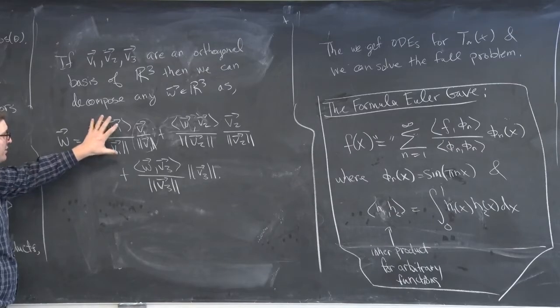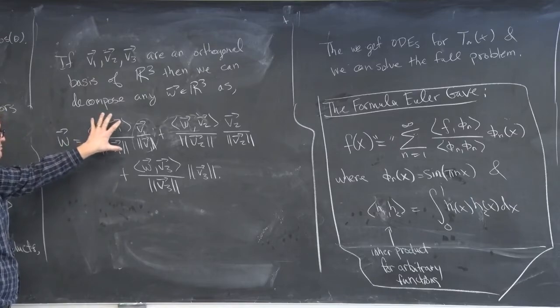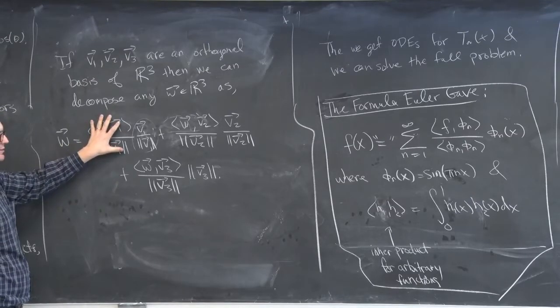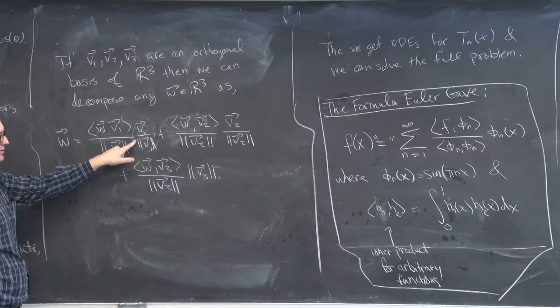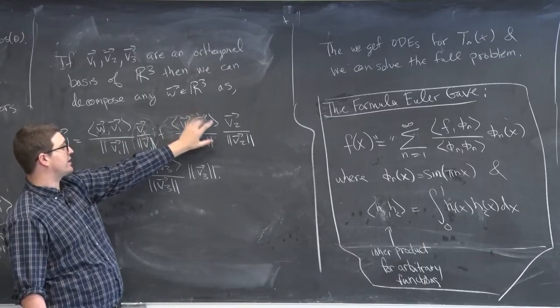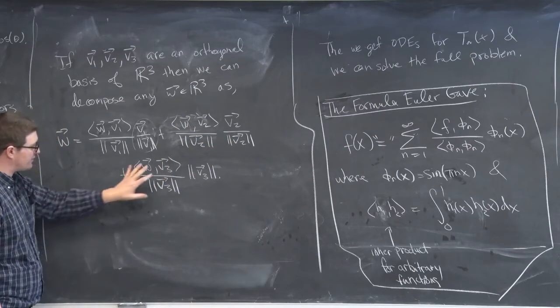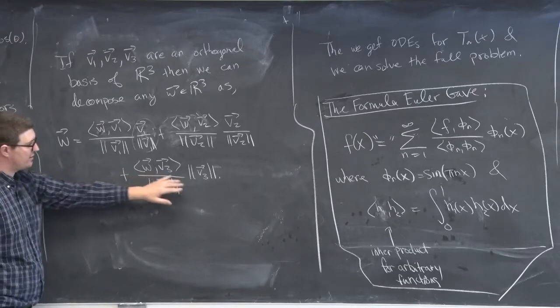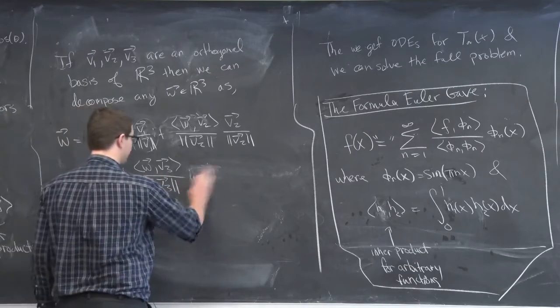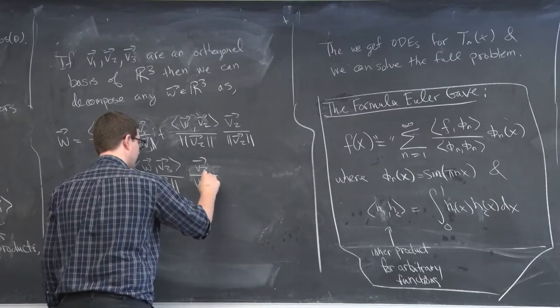So what you're really doing is taking W and breaking it into the amount of W that goes in the direction of V1 times the unit vector in the direction of V1. This is the magnitude of W going in the direction of V2 times the unit vector of V2. And this is the magnitude of W going in the direction of V3. Oh, this is not right. This is V3 over the norm of V3.